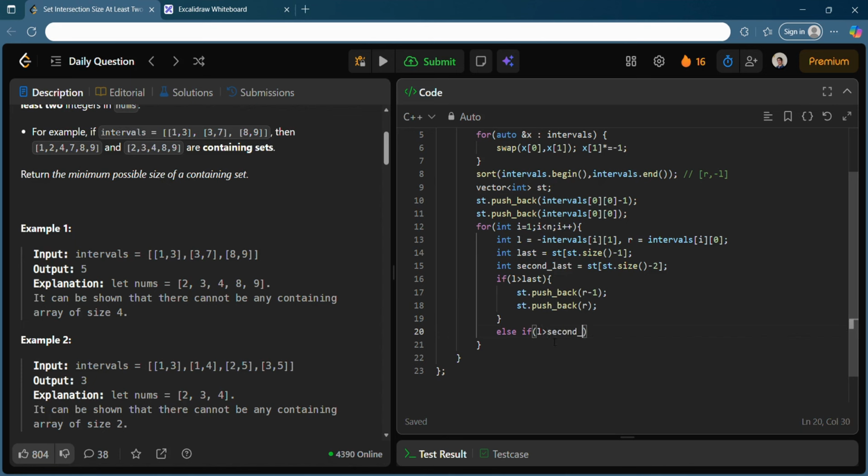So if L is greater than second last, this means that the current interval has one intersecting element with the previous.